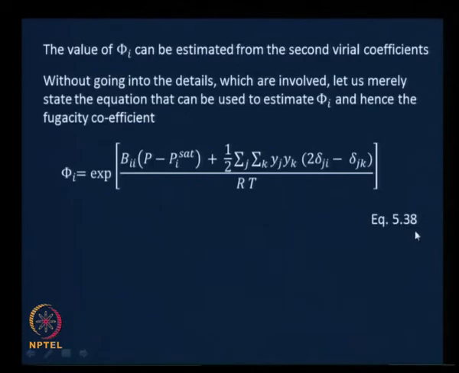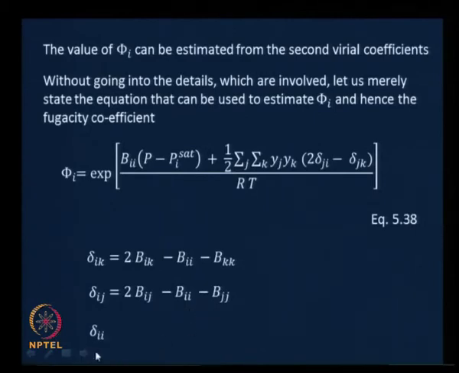I will tell you what the deltas are. This is equation 538, where delta ik equals 2 B ik minus B ii minus B kk, and delta ij equals 2 B ij minus B ii minus B jj, and delta ii equals 0, delta kk equals 0, and delta ki equals delta ik.